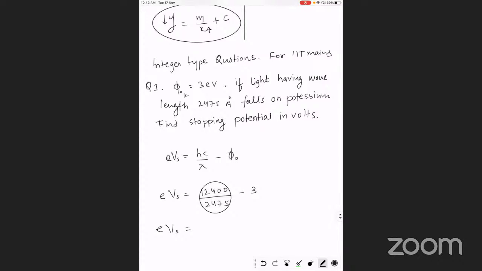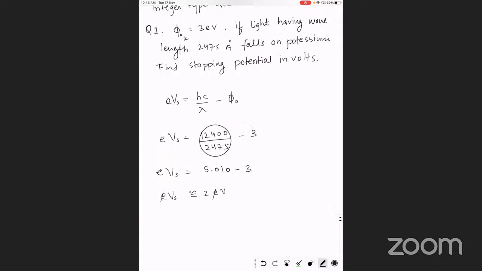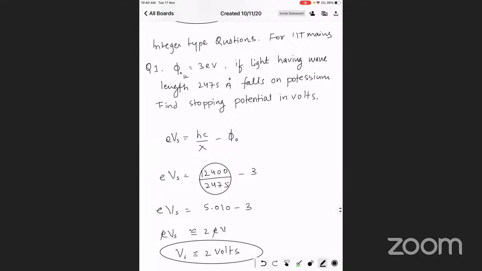Are you mad? 12,400 divided by 2475 approximately 5.010. 5.010 minus 3. So approximately 2 electron volt. E into Vs. So E will get cancelled. So stopping potential is approximately 2 volts. Understood, bacho? So answer of first integer type question is 2.